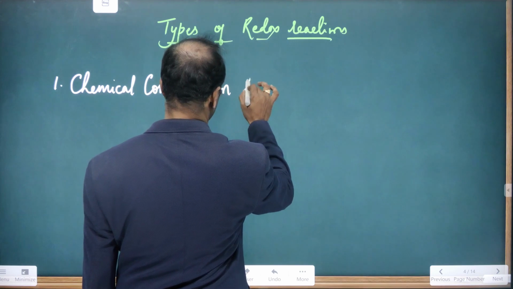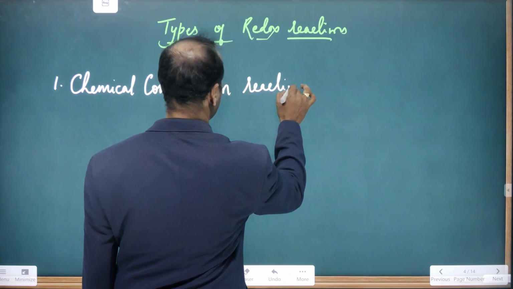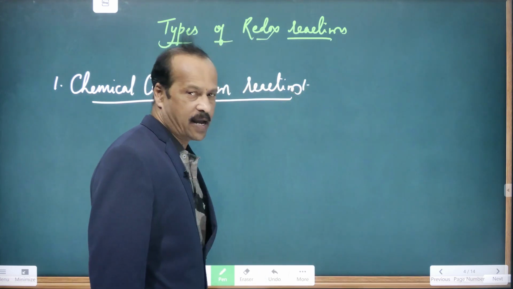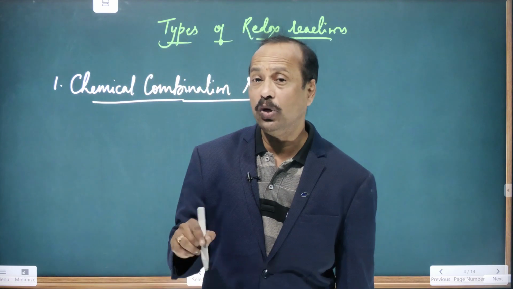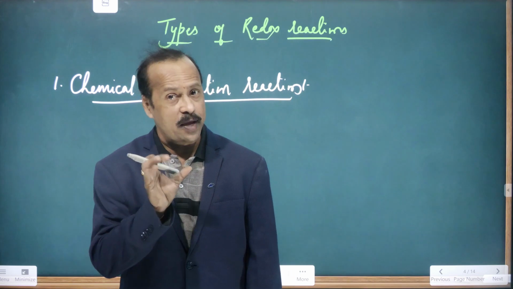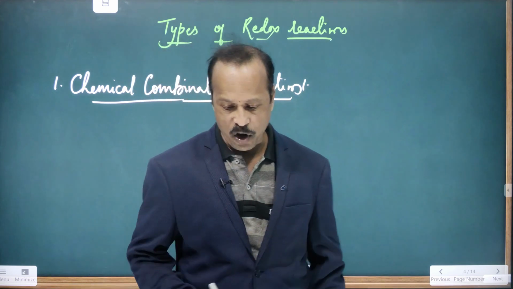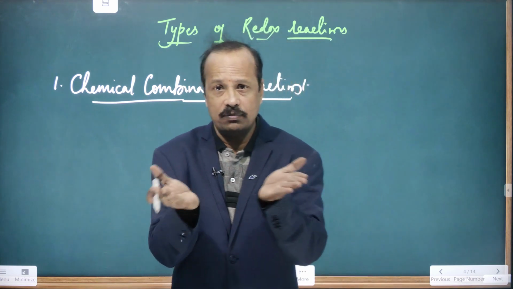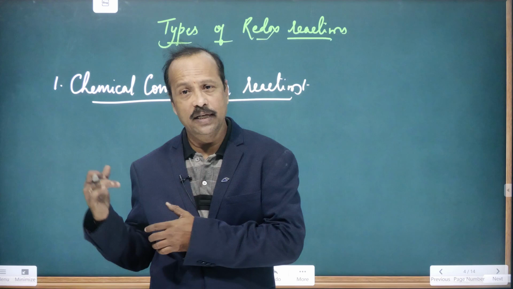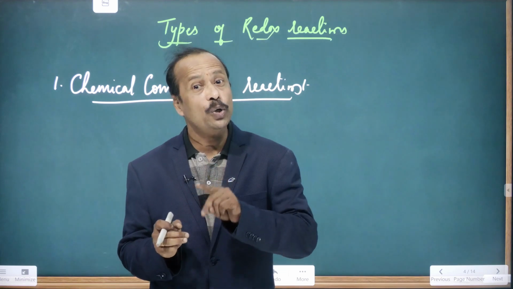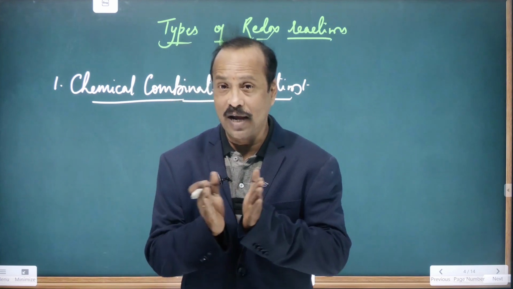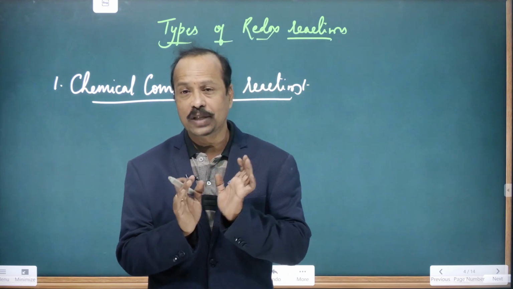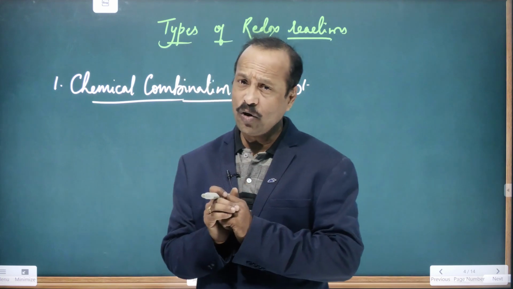Okay, combination reaction. This is very simple. So a chemical reaction in which two or more reactants combine to form a single product. Normally in English, what is the meaning of combination? Combining, right? So here, the reactions in which two or more reactants combine to form a single product, that is called combination.